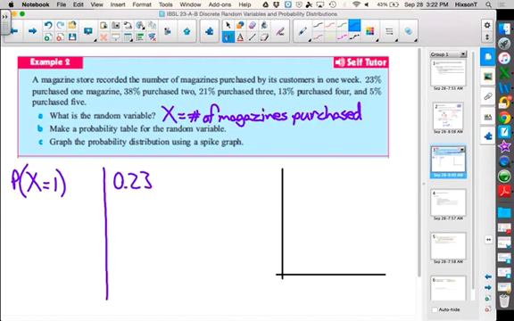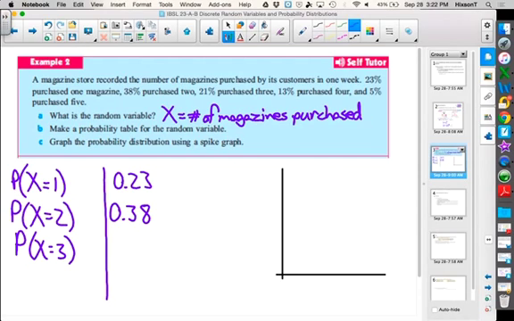What's the probability that our random variable has a value of 2? 0.38. And yes, this is how you would write the probability table. You'd write this out every time. So 0.21.